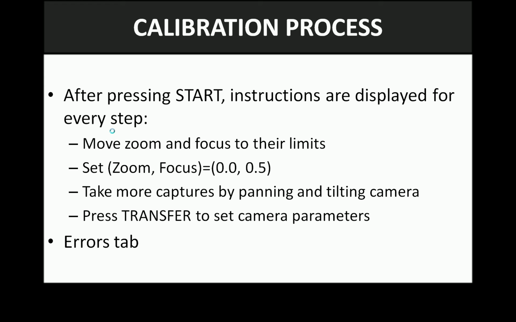For example, it says move the zoom and focus to their limits, or set zoom and focus to these values, or take more captures by panning and tilting the camera, or when you finish, press transfer to set camera parameters. The last tab is related to errors, and after each zoom and focus calibration, you can go to that tab and check the maximum errors in pixels that you have for that configuration of the camera.